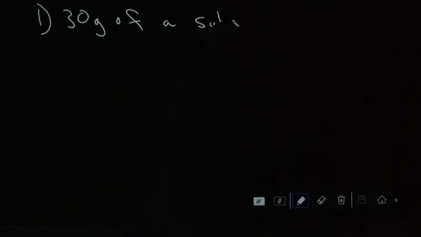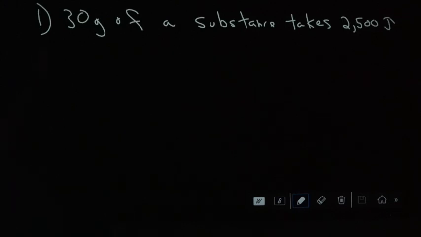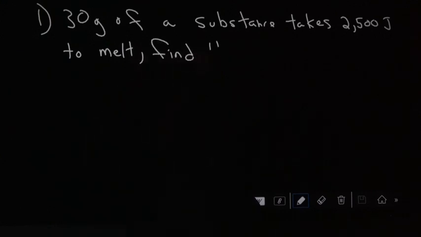First question. So the question is, 30 grams of a substance takes 2,500 joules to melt this solid.